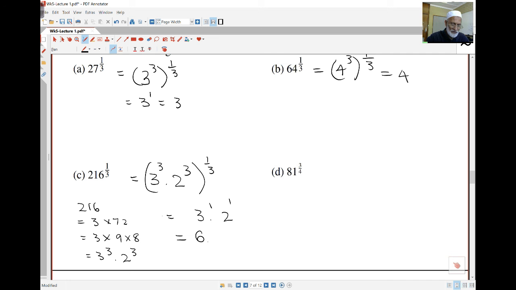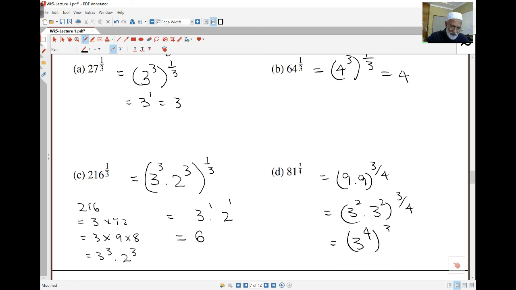Likewise, 81 to the 3 quarters, this isn't so bad. We know that 81 is 9 times 9 to the 3 quarters, and then so this becomes 3 squared times 3 squared to the 3 quarters. If I can take it one step further, this is 3 to the 4th, then to the power 3 quarters.